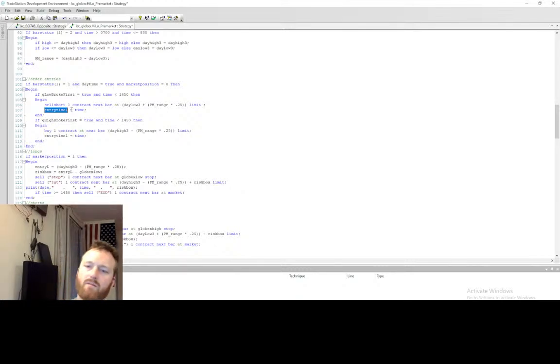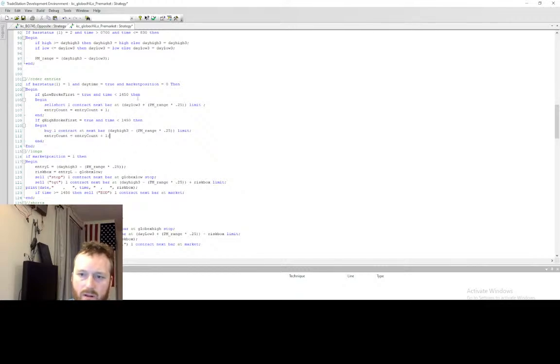The only time we can do it is entry count is equal to entry count plus 1. The old count. So basically it says, oh, you entered, plus 1.